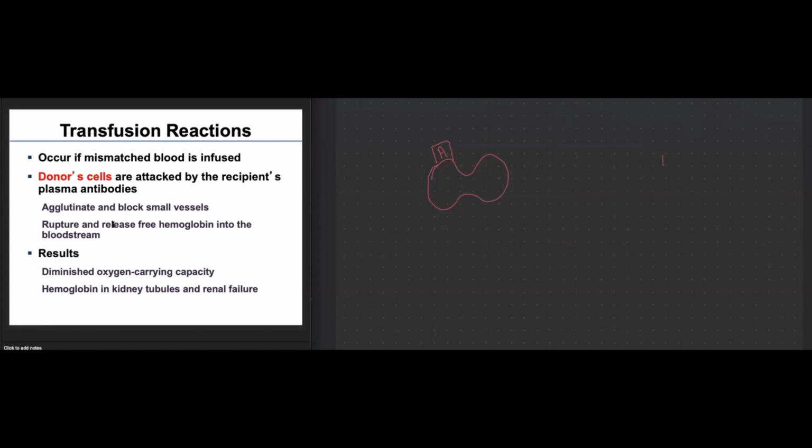So the recipient is going to be producing anti-A immunoglobulins, antibodies against antigen A. So when those cells get transfused, simply the immunoglobulins will start to attach and agglutinate the transfused red blood cells together.